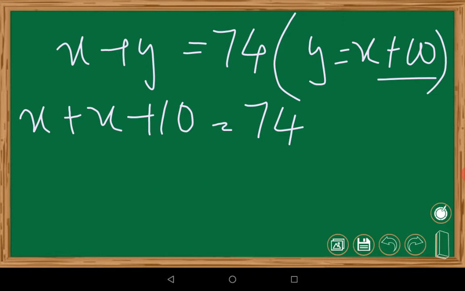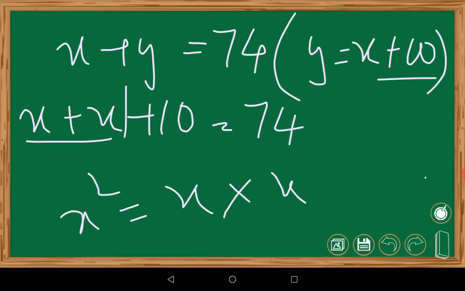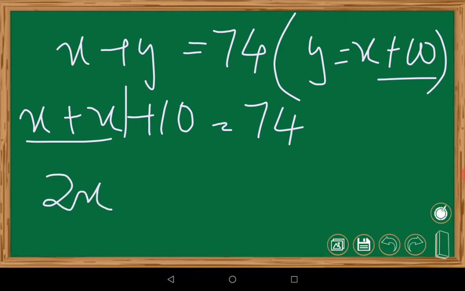Now x plus x, first you have to do this. x plus x is 2x. Don't think it is x square. x square is x into x. Be careful there. x plus x is 2x, and 10 as it is, equal to 74. Now you can use the transposition method or the balancing method.